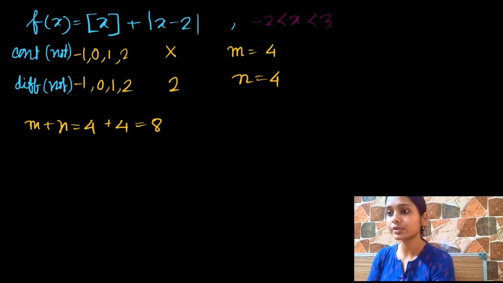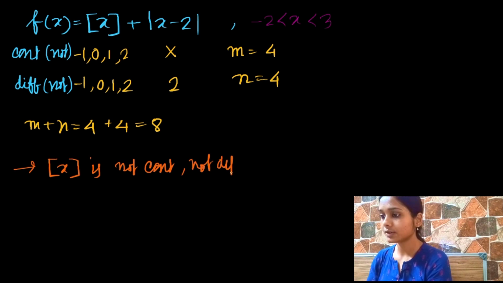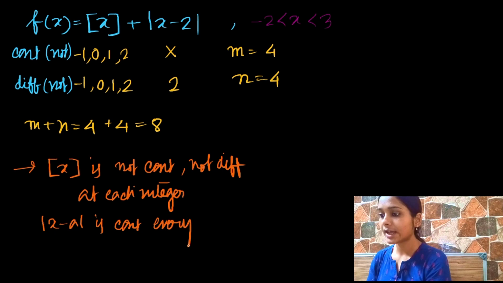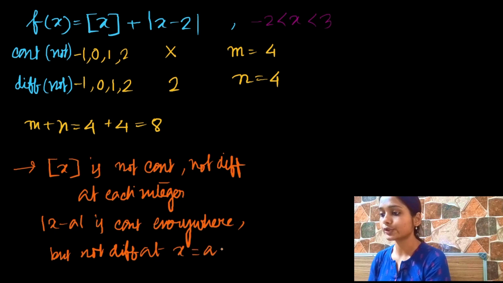So here we have used these properties. One is that [x] is not continuous and not differentiable at each integer, and another property is that |x - a| is continuous everywhere but not differentiable at x = a.